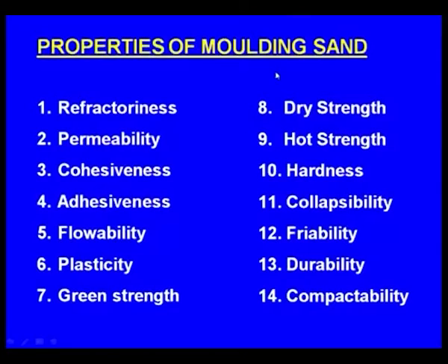The properties of the moulding sand are: first, refractoriness; second, permeability; third, cohesiveness; fourth, adhesiveness; fifth, flowability; sixth, plasticity; seventh, green strength; eighth, dry strength; ninth, hot strength; tenth, hardness; eleventh, collapsibility; twelfth, friability; thirteenth, durability; and finally the fourteenth is compactability.